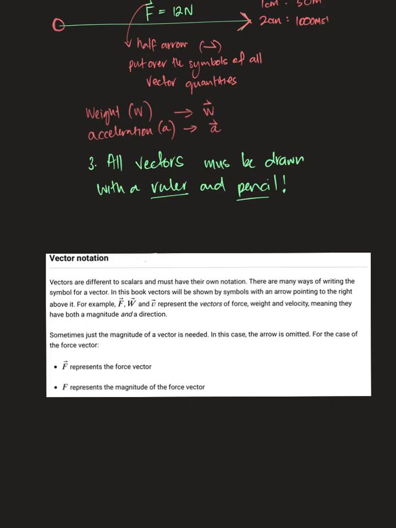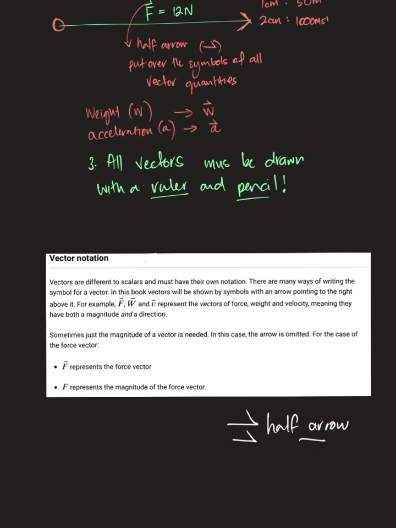Right, let's have a look at the next thing. Before we go to the next section, let's just have a look here at something called vector notation. So remember when we said vectors are different from scalars? I touched on this a little bit, but here's a little bit of notes. What we're going to do is use the symbols and put arrows at the top. We usually use what we call a half arrow. So if I don't put an arrow, it only represents the magnitude.